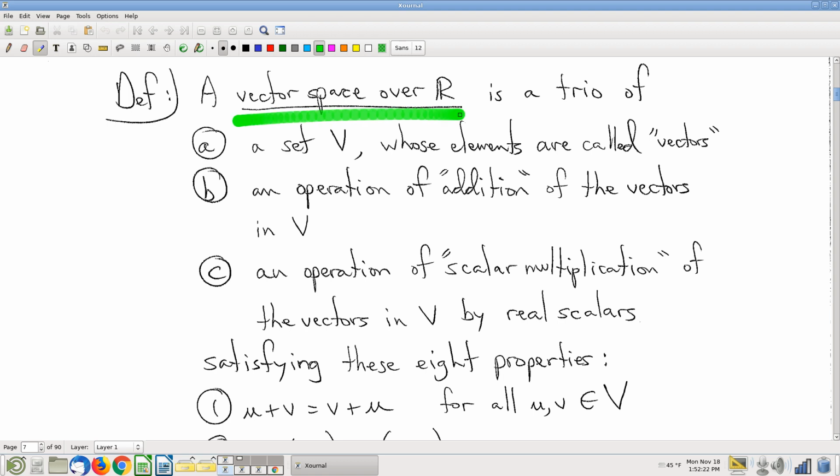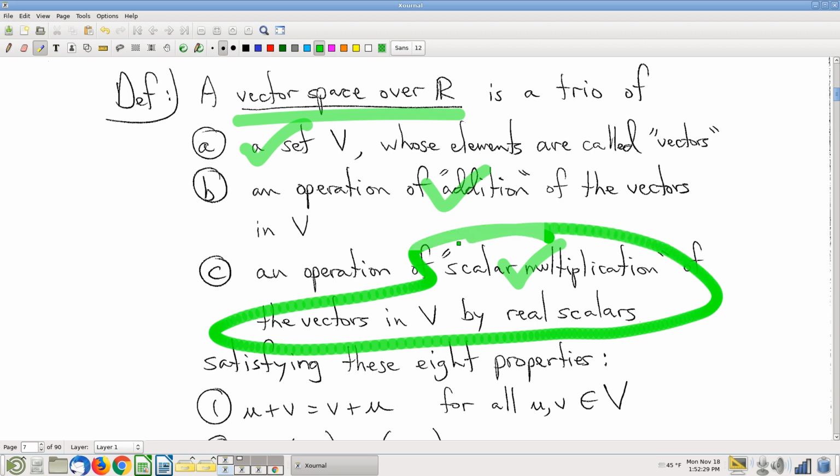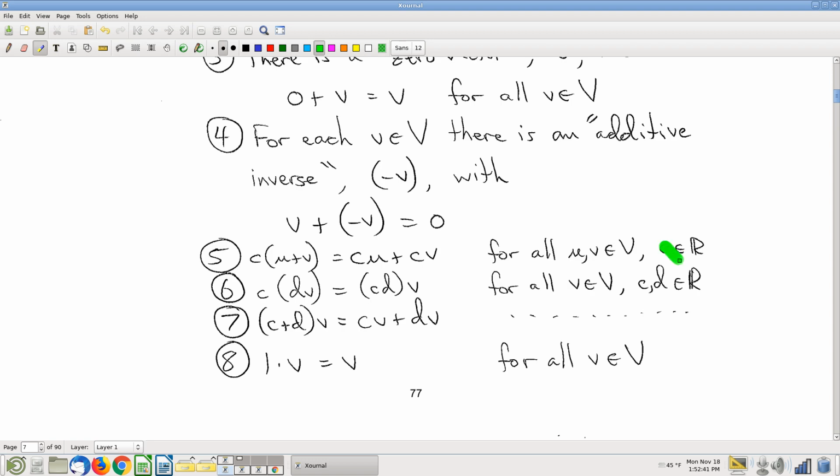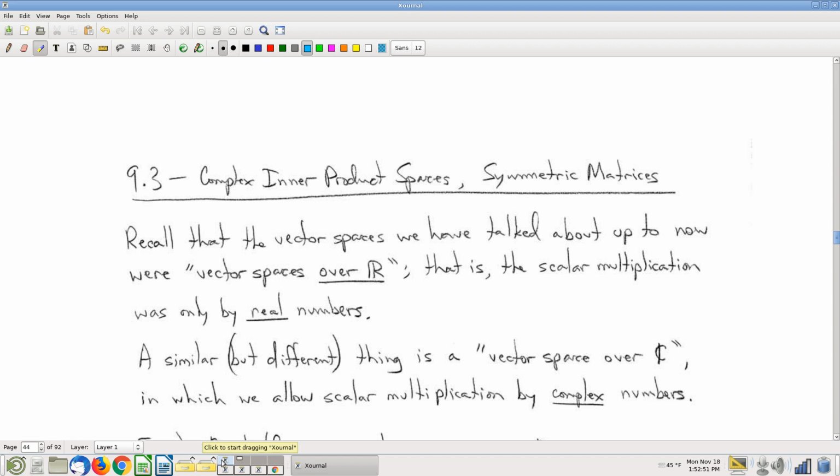A vector space over the reals is a set with an addition and a scalar multiplication, and notice that scalar multiplication has to be by real scalars. The scalars have to be real. And further, notice down here in several places, these scalars have to be real. Having made that definition, in several places, I have totally violated that rule. Here's a couple of examples of it.